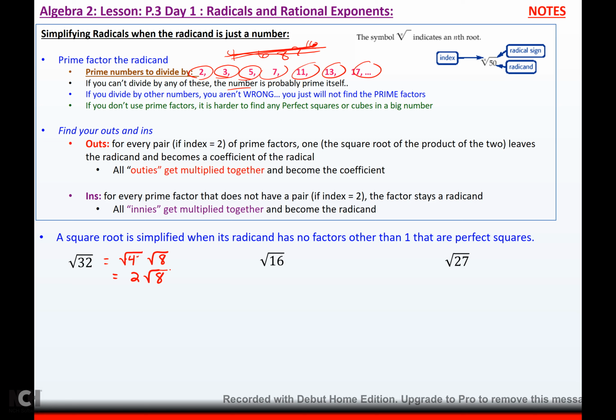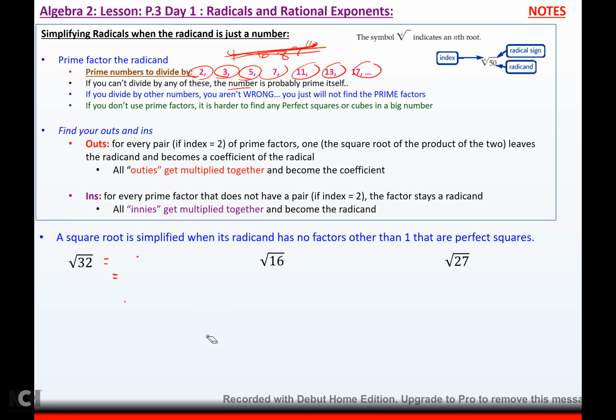So you see how confusing it can be? So then you go, well, that's not done. So I could rewrite 8 as 4 times 2. So now I have 2 times the square root of 2, which is 4 square roots of 2. And you can see how tedious this gets when you think you've got it, and then there's another one in there, and you've got to think. So I don't do any of that.